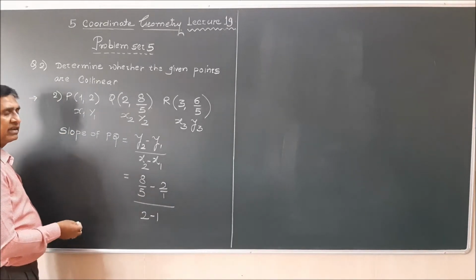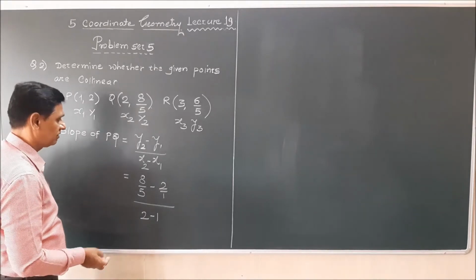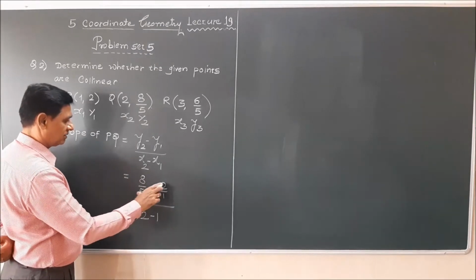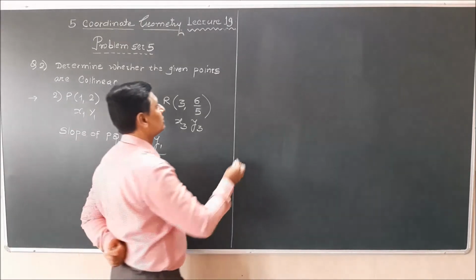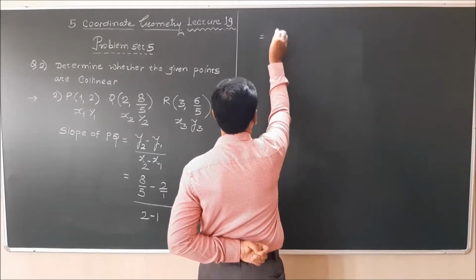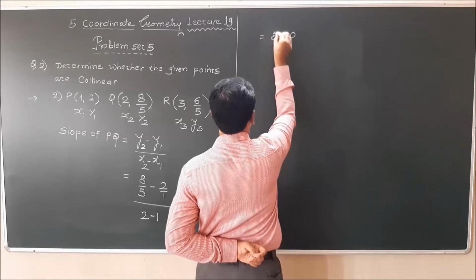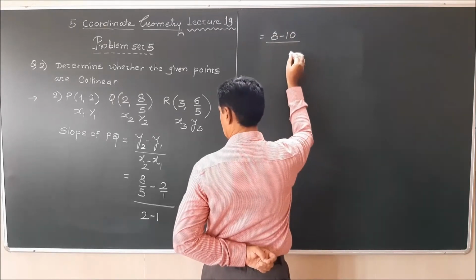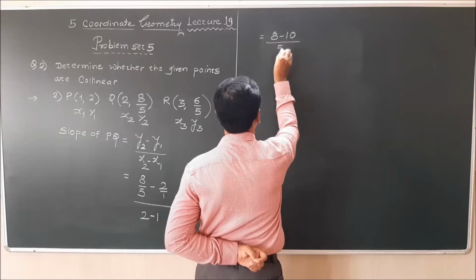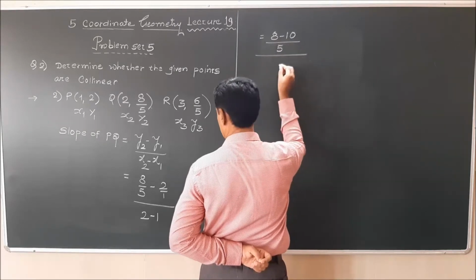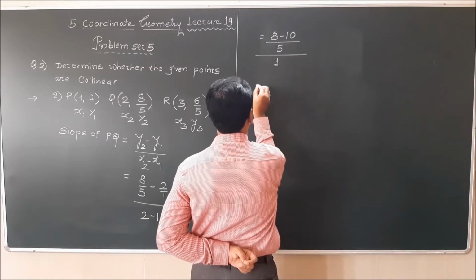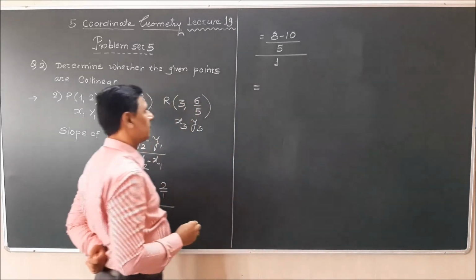Now let's simplify it by the cross multiplication way. 8 ones are 8, minus 10 upon 5, divided by 2 minus 1, which is 1.